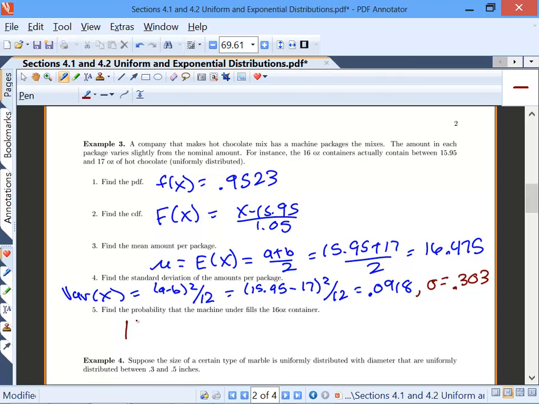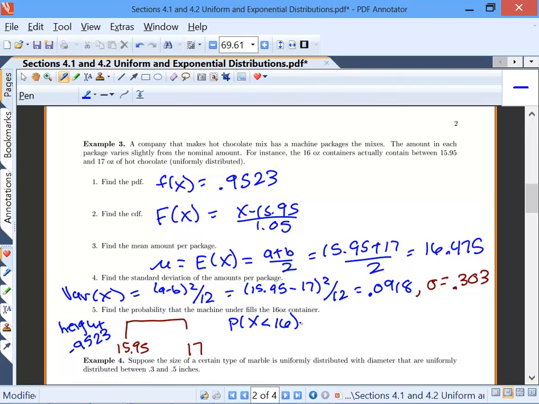So I always remember, okay, so I have this rectangle that goes from 15.95 to 17, and my height, what did we say the height is? The height is 0.9523. So if I'm looking to underfill the 16-ounce container, I'm trying to find the probability that X is less than 16 ounces.